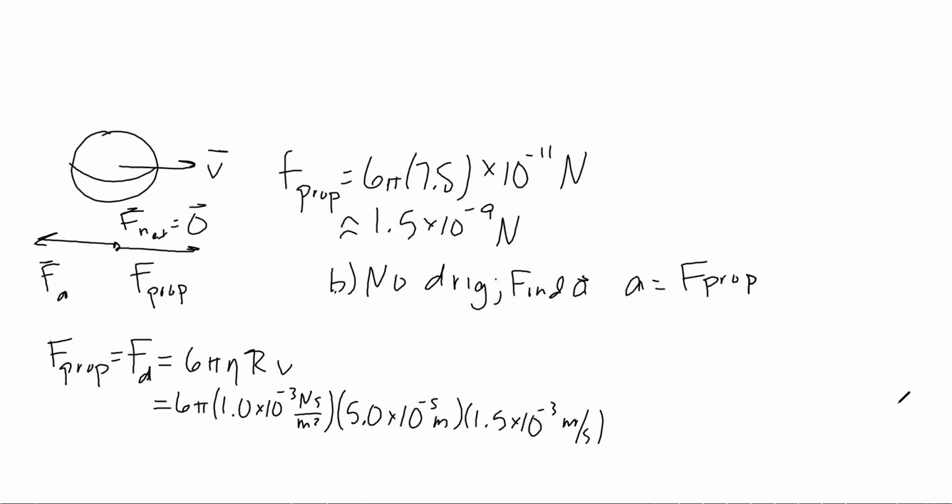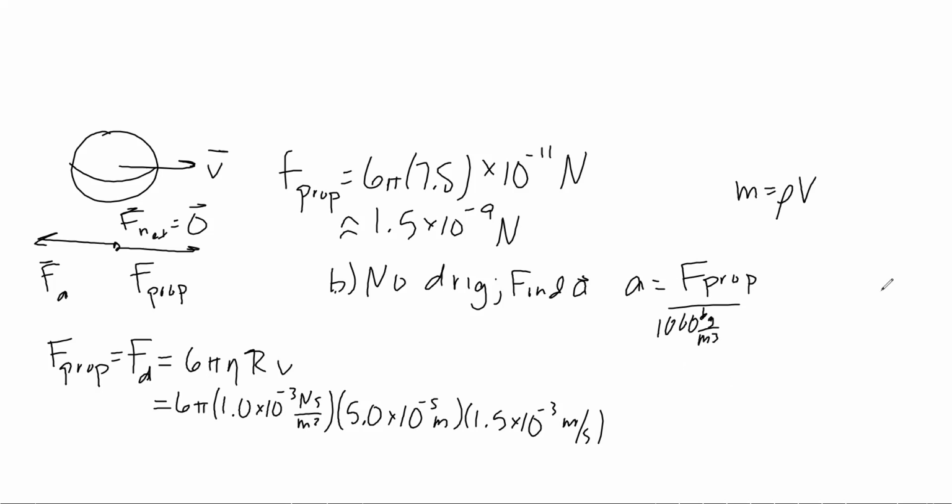Now, what's the mass of the bacterium? We don't know, but we know the size of it, and we're told to assume that it's the density of water. So if you use the simple equation of mass equals density times volume, then density is 1,000 for water, kg per cubic m.